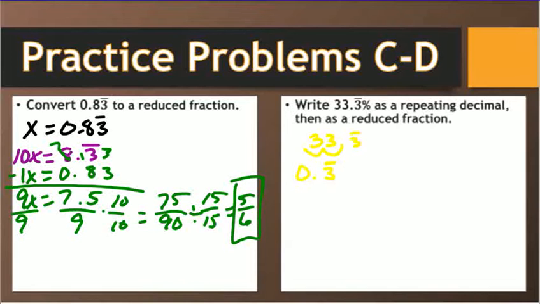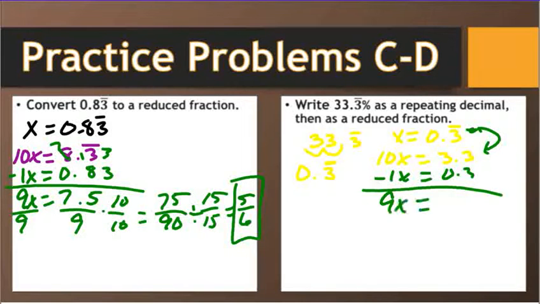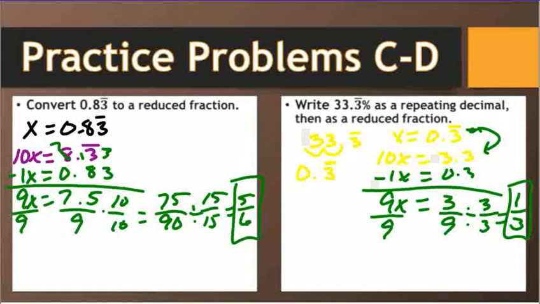Now to change that to a fraction, choose my variable, make it equal to the repeating decimal. 1 digit is repeating, so I multiply this by 10, so 10x equaling 3.3. Take this top one, subtract it from the bottom one, so minus 1x equaling 0.3. And I get 9x equaling 3. Divide this by 9. Divide numerator and denominator by 3, and you get 1/3. And 1 divided by 3 is 33.3%.